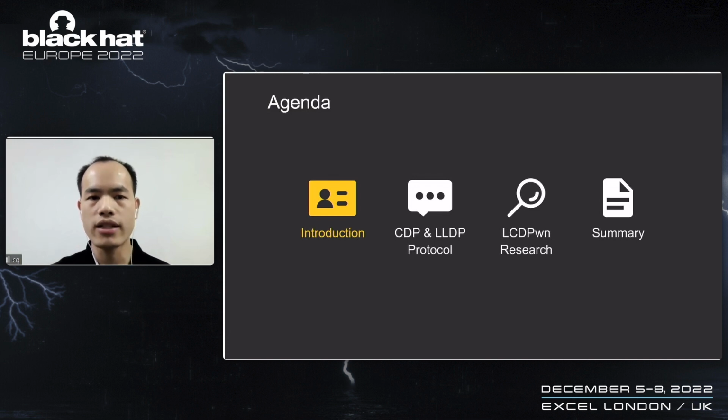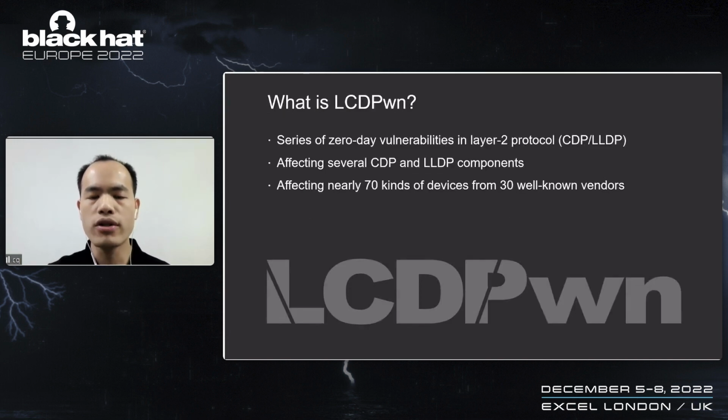Start with the introduction. What's LCDPwn? LCDPwn is a series of zero-day vulnerabilities in the Layer 2 protocols CDP and LLDP, which affects several CDP and LLDP components. As a result, nearly 70 kinds of devices from 30 world vendors are vulnerable.